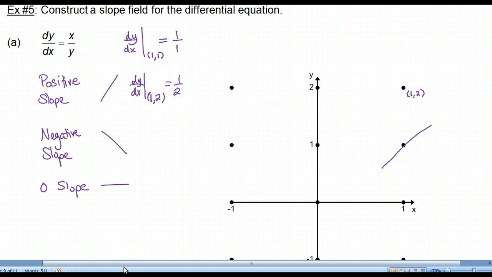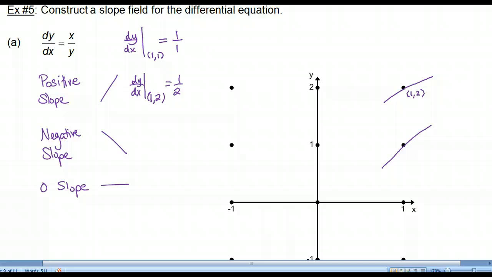That's also positive, but it's going to be more horizontal. A slope of 1/2 would be like up 1, to the right 2. So it's going to be a little less steep. It's okay as long as it's just a little less steep than the one below it.